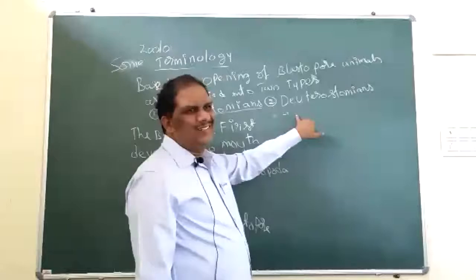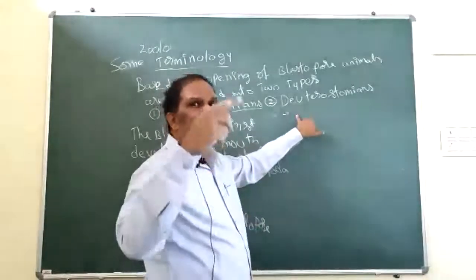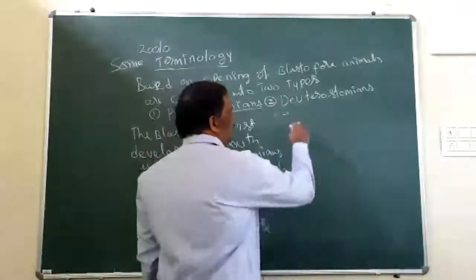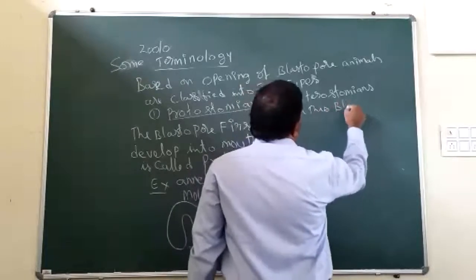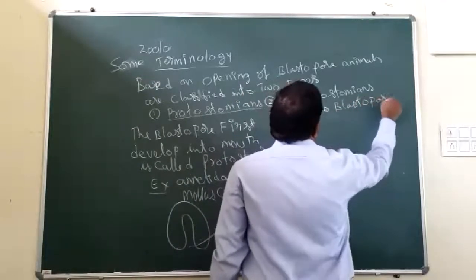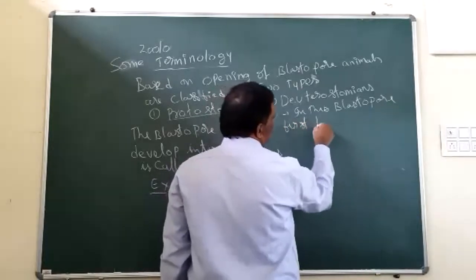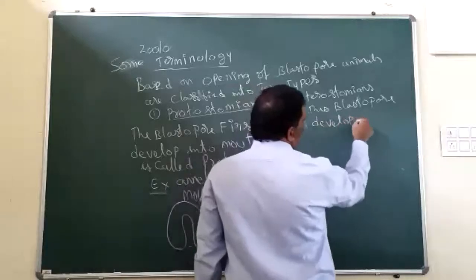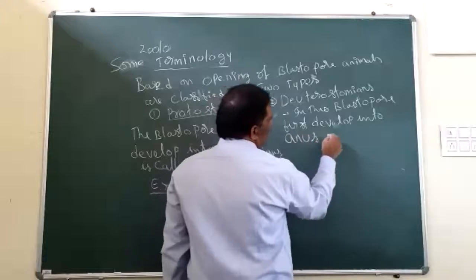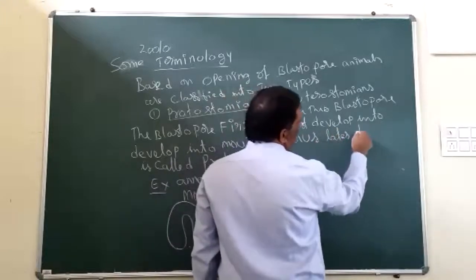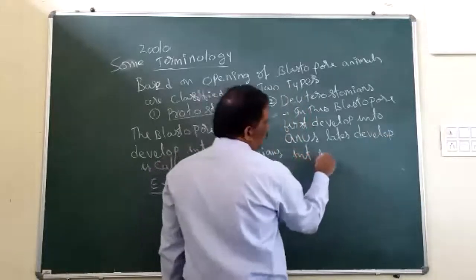In this, the blastopore first, or primarily, develops into anus, later develops into mouth.